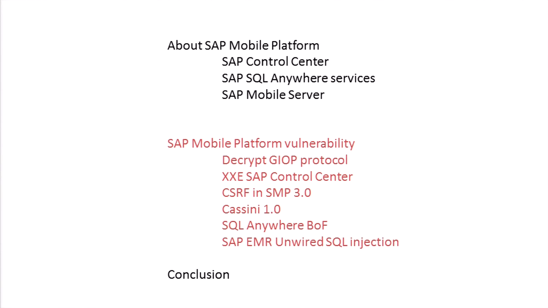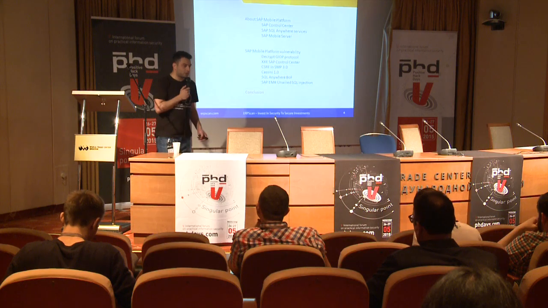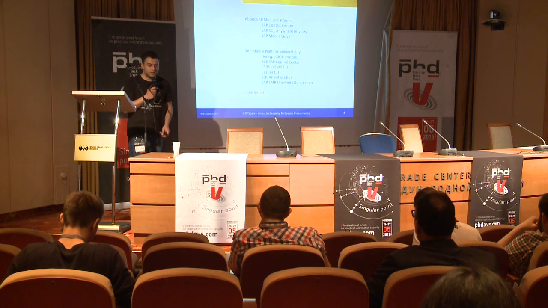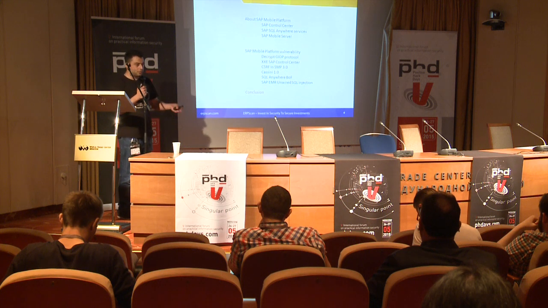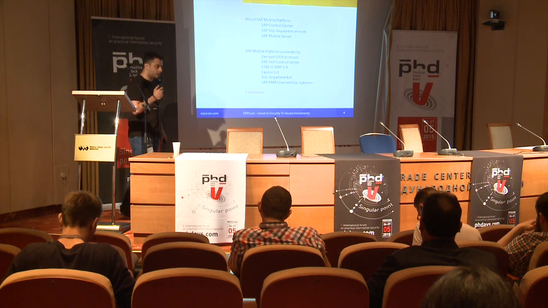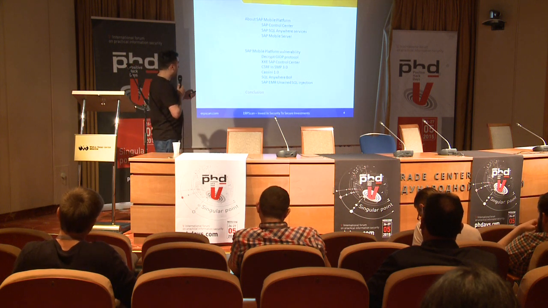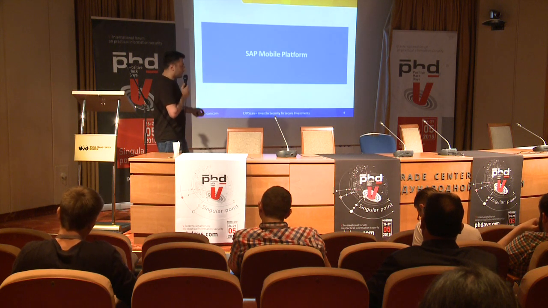I will tell you why we worked in these directions and how you can fix them. And in the third part, I will give you some conclusions, and we will look at what is to be done in order to minimize the threat if an attack happens against your SAP mobile system.